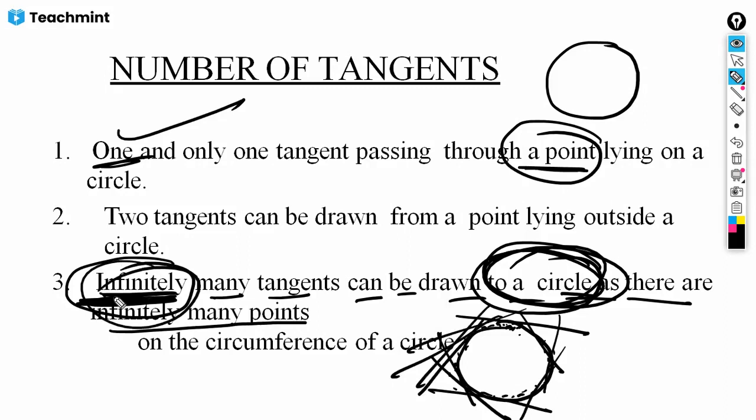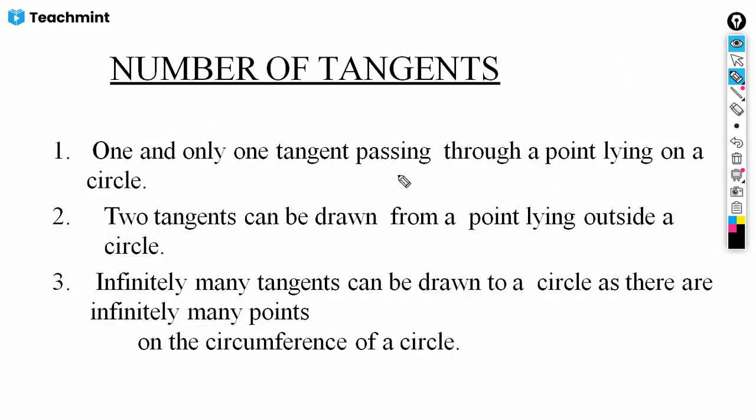How many tangents can be drawn to a point? One tangent. How many tangents drawn from the external point? Two tangents. Three things we have learned. I'm repeating all three points once again. When he has used a point, it means one tangent.